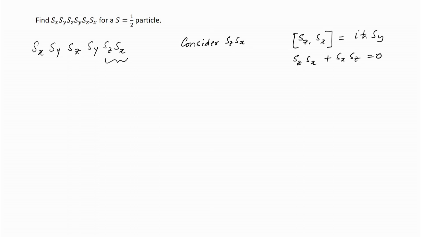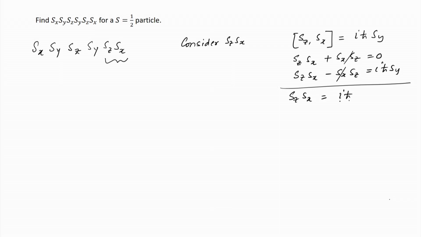This is true for the spin half particle, one can show that. So, we get the relation that the first one is Sz, Sx minus Sx, Sz, equal to i h cross Sy, and now this can be added and one can actually cancel this and write Sz, Sx is equal to i h cross by 2 Sy. So, that is what we are going to write for this one.